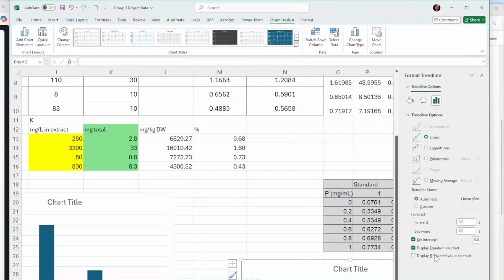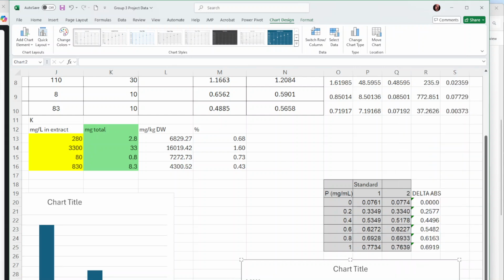I will display the equation on the chart, and I will display the R square. My equation says 0.733, which means that my absorbance is equal to 0.733 times the concentration. So my concentration would be the absorbance divided by this number.